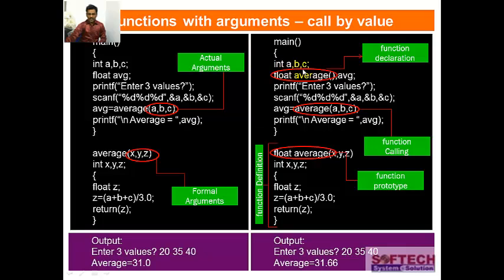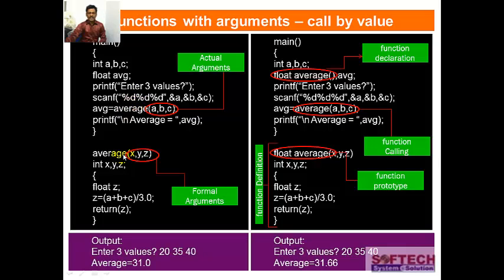Here we declare integer a, b, c, but we did not declare the function float average. Here no declaration is there, so the default declaration of a function is integer. If we do not declare it, it is assumed to be an integer function.